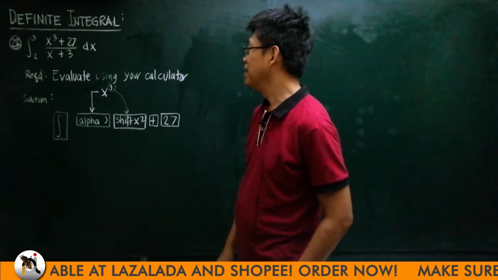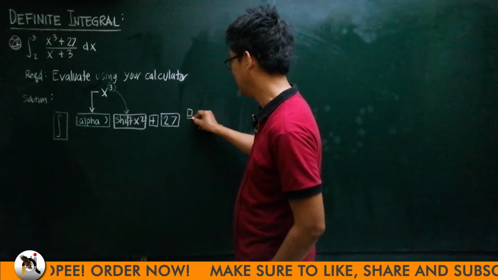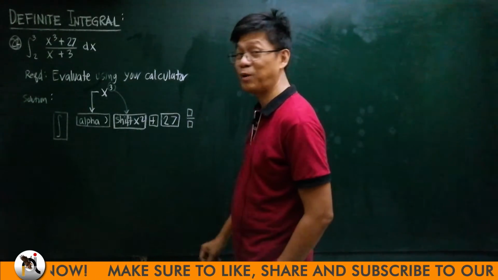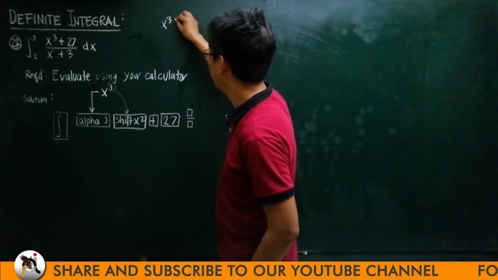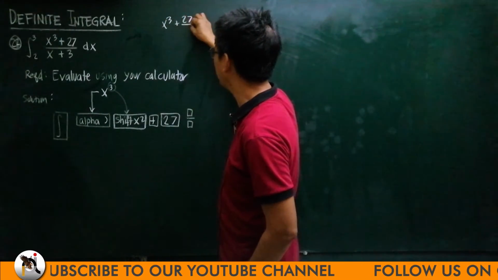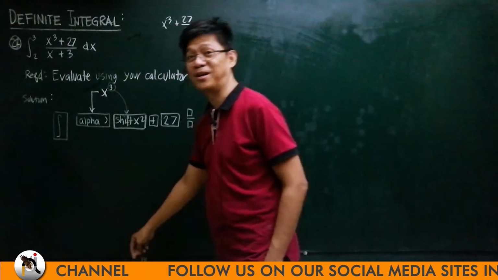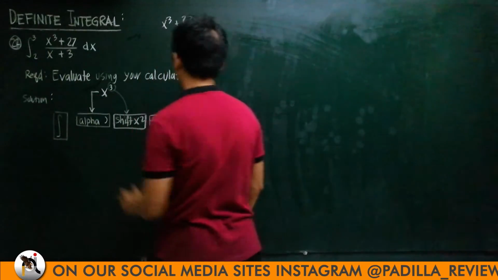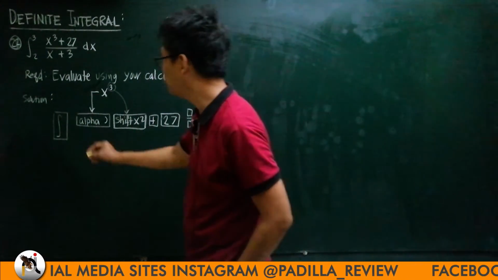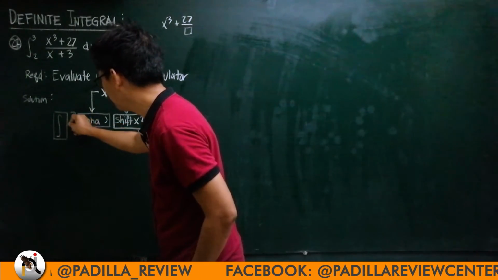So, if you press the fraction key, what will happen is this one. You'll get x cubed plus 27 over. This will not be included in the over. You get it? If you want to write it really this way, you must input an open parenthesis here.